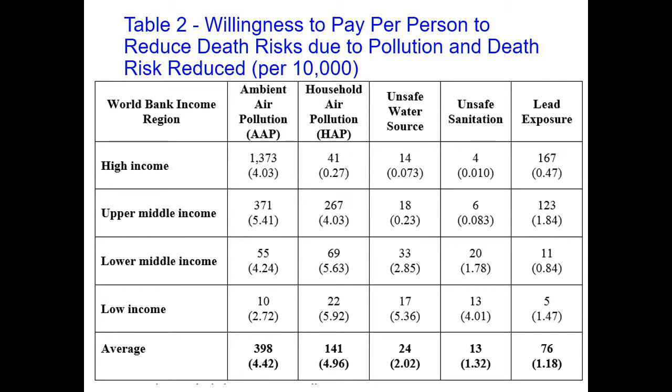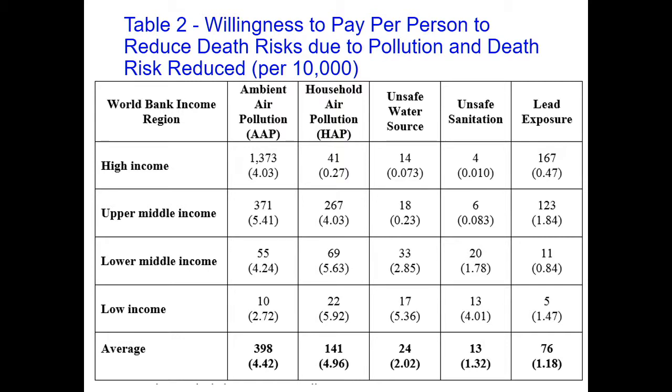What this slide is showing you in parentheses in each cell, and here we've broken out ambient air pollution, household air pollution, unsafe water source, and unsafe sanitation, is the estimate of the death rate per 10,000 associated with that pollution source for that group of countries. So 4 in 10,000 is the death risk associated with ambient air pollution in the year 2013, according to the GBD estimates.